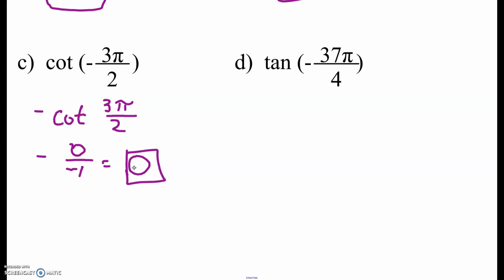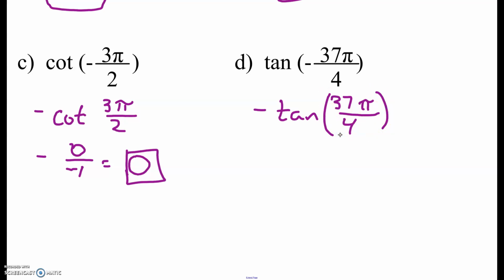Finally, we have tangent of the opposite of 37 pi over 4. Again, tangent is odd, so we get the opposite of tangent 37 pi over 4.